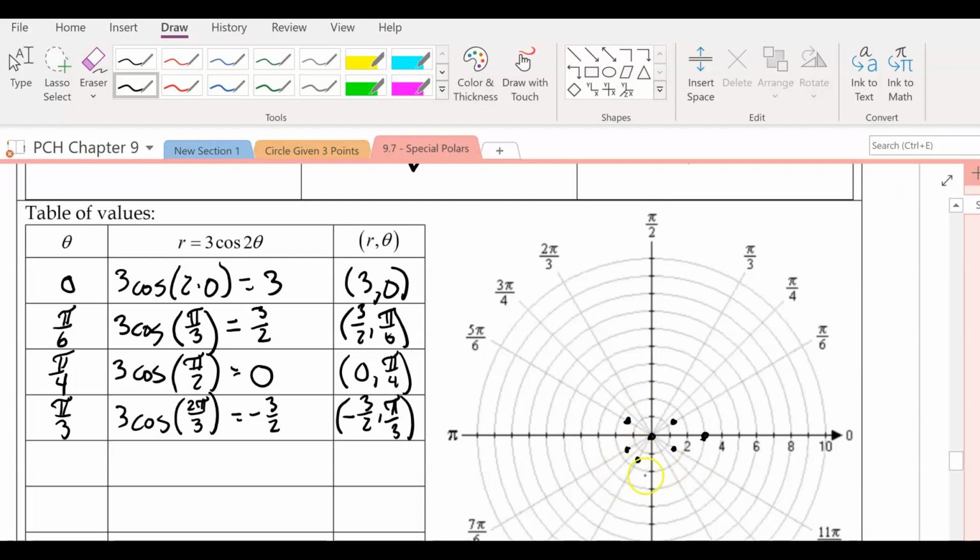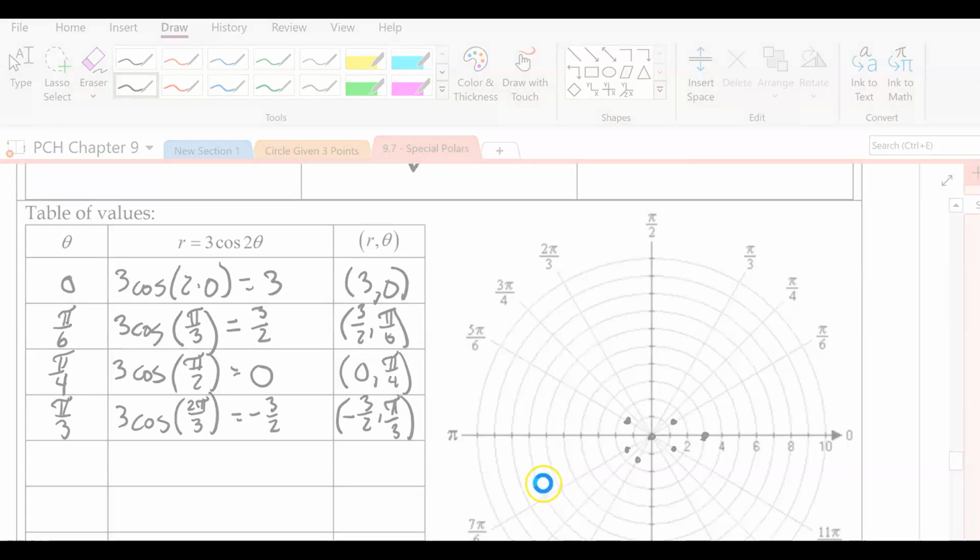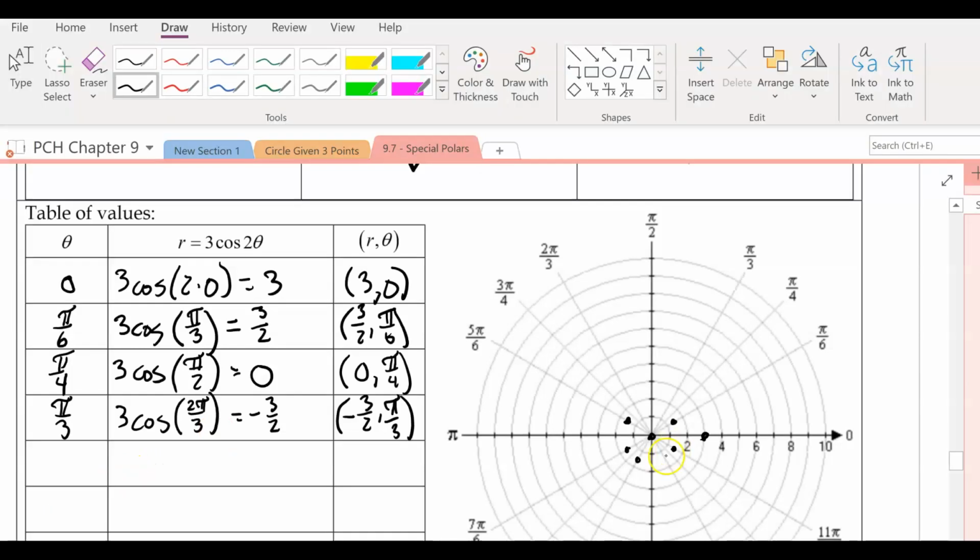And again, we can reflect this point. So let's reflect it over to here. There we go. And then I'm going to reflect it over the other axis over there, and I'm going to rotate it 180 degrees over to there.